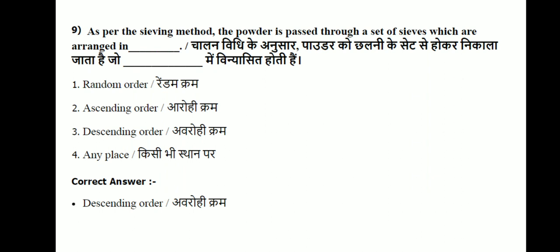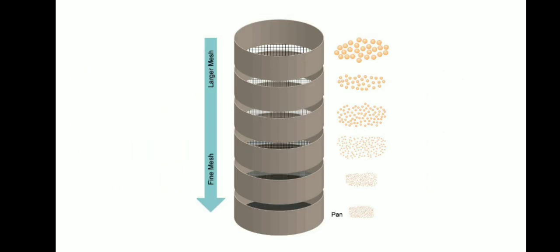That is, the sieve which has the largest pore will be on the top, and the sieve which has the smallest pore will be on the lowest part of the sieving pan.